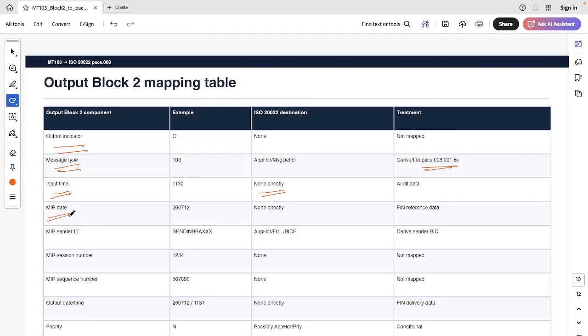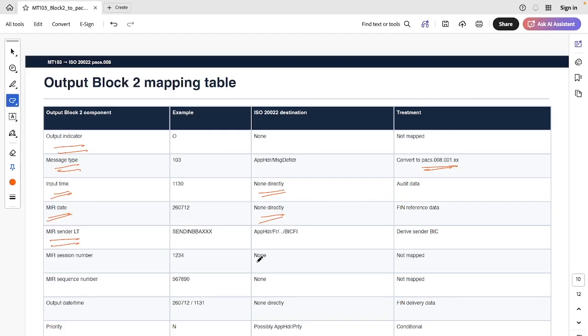Then we have MIR date. This is also FIN reference data, and it should not automatically be mapped into payment date or ISO creation timestamp. There is no mapping for pacs.008. And then we have the MIR sender logical terminal address. This is particularly useful because the output block is viewed by the receiver.